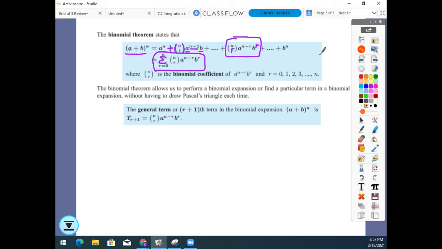And many times we just want a specific term. So it's kind of like plucking this specific one out of the middle of the formula. So here's your general term. That might be nice to write down. And then let's look at some examples.